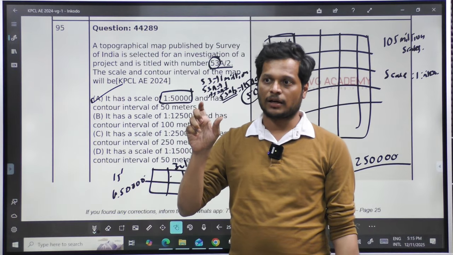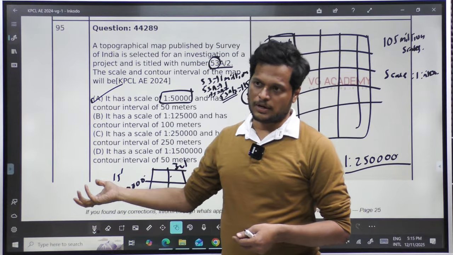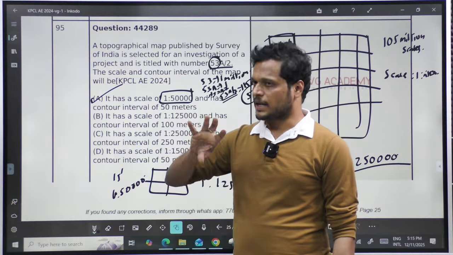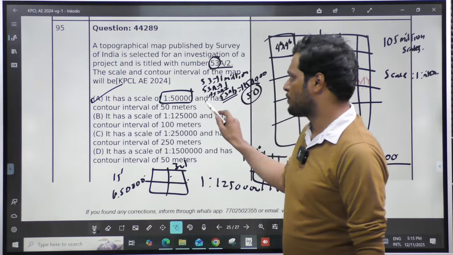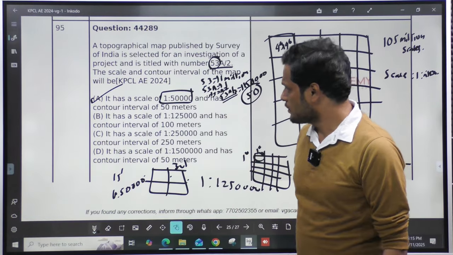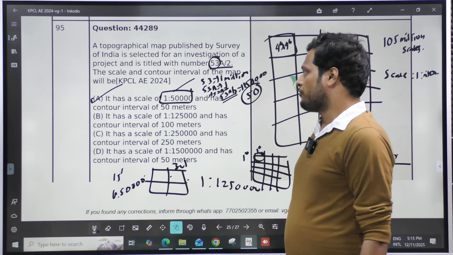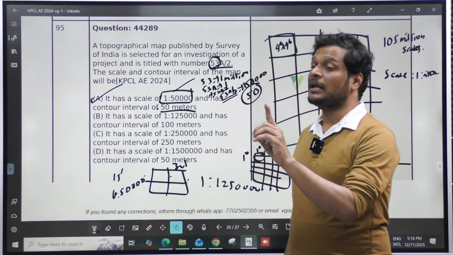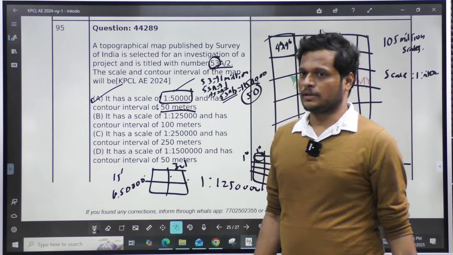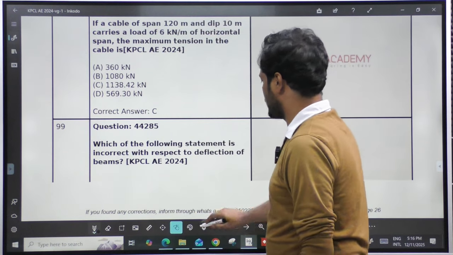Like this million, half million, quarter million, different scale maps for topography they will be publishing. One such map is 53A/2: 1:50,000 and 50. If they give simply 53, it means that it is a 1 million type of map. Let me give the contour interval also for you.